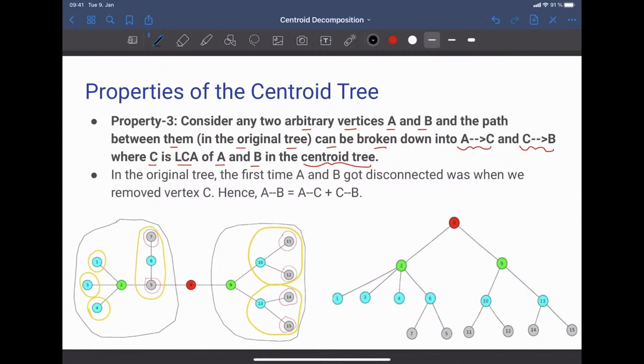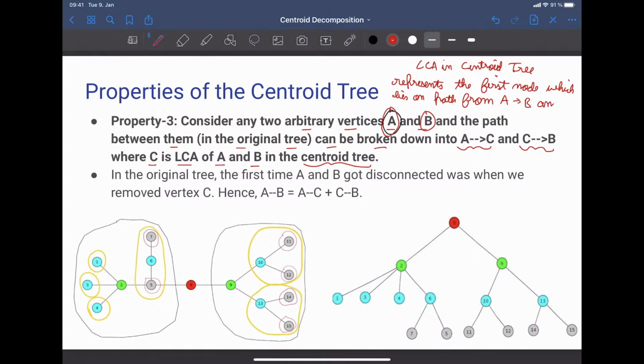This is always true because for any two nodes A and B, their LCA in the centroid tree represents the first node which lies on the path from A to B and was removed because it became a centroid.